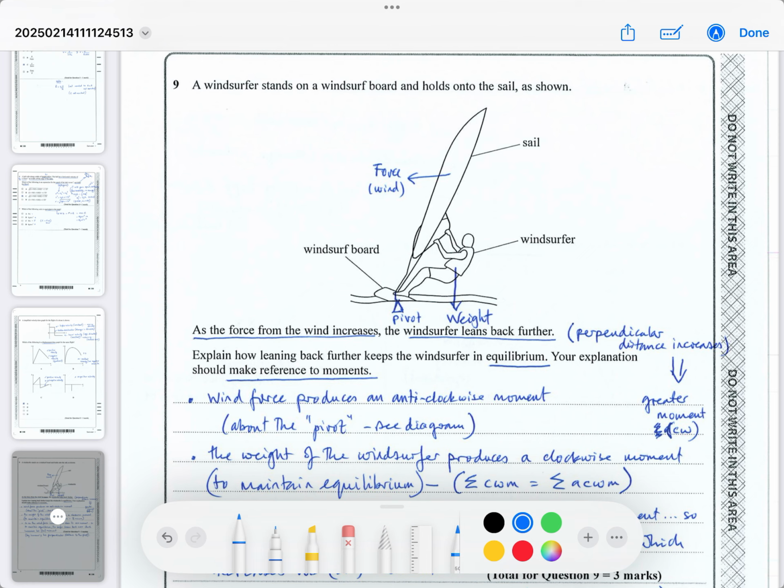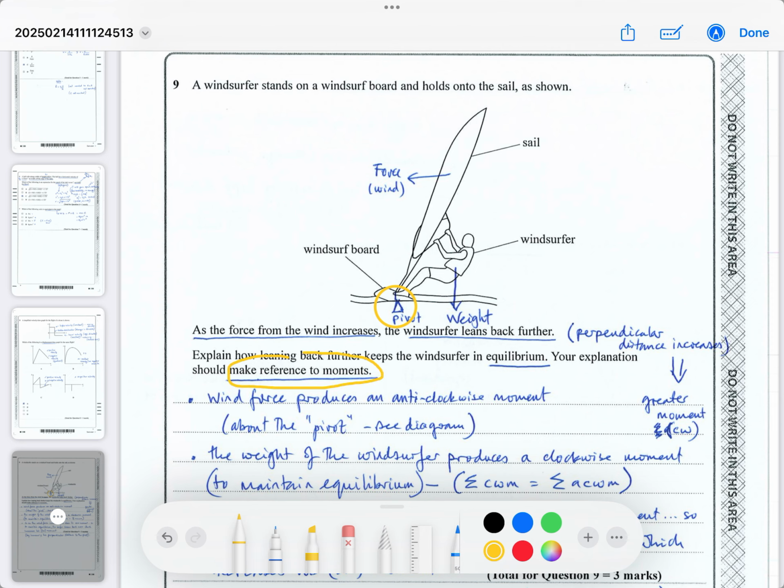Okay, so if he leans back further, he's further from the pivot point, which I have drawn here. Explain how leaning back further keeps the windsurfer in equilibrium. Your explanation should make reference to moments.